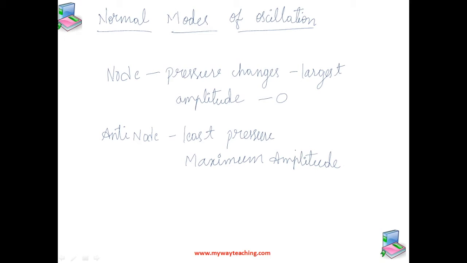Taking the end in contact with water as x equal to 0, the node condition is satisfied. If the other end is x equal to L, that is an antinode. Then we can write L equal to (n plus 1/2) into lambda by 2.